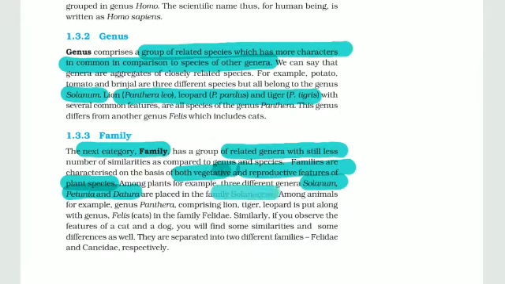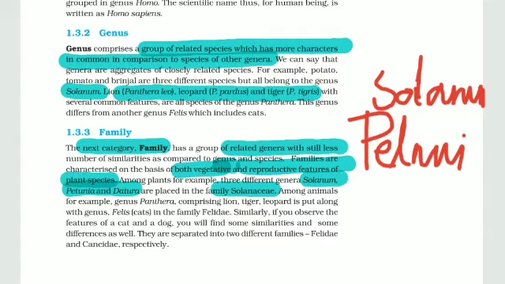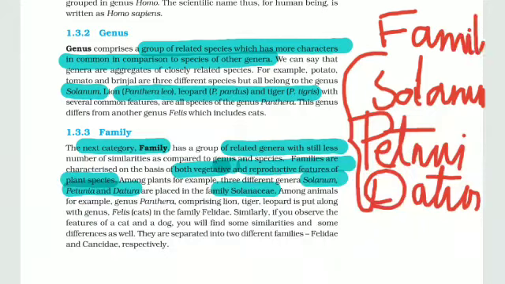They belong, that is Solanum, you have Petunia, then you have Datura. So they all belong to the same family, that is Solanaceae.